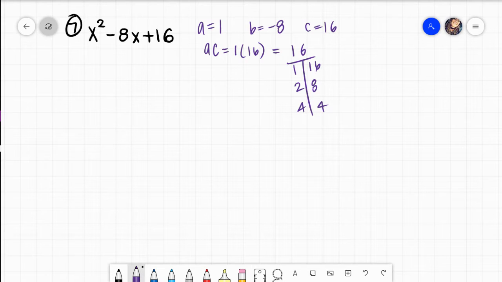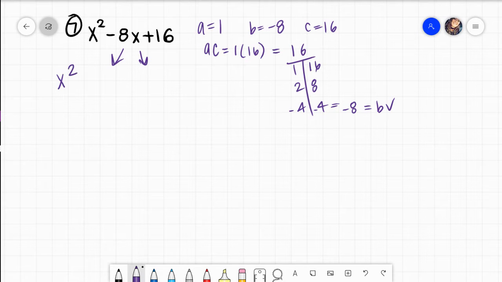So I need to know what pair of factors will combine together to give me a -8. Well, 4 plus 4 is 8, right? It needs to be a -8. So if I make them both negative, those still multiply to give me a positive 16, and they'll combine together, right? Signs are the same, add and keep. That's my B, that's what I want. So those are going to be what I use to expand this B term, okay?